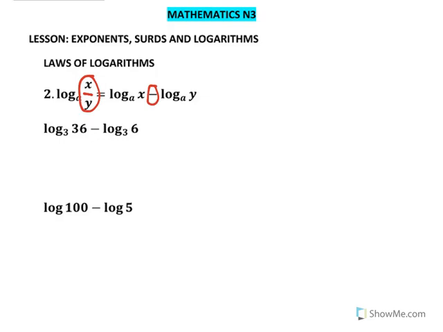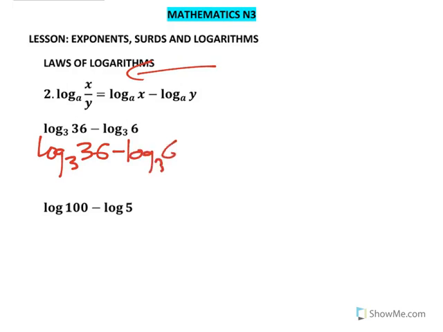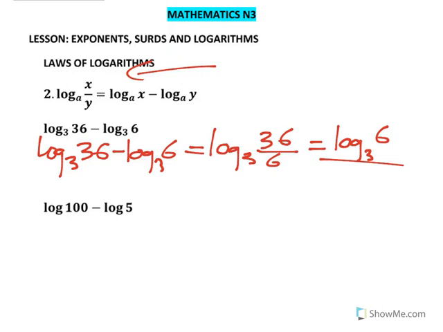So now, reading the law again in the backward direction, here it says log base 3 of 36 minus log base 3 of 6. Because they are subtracting and the bases are the same, this is the same as log base 3 of 36 over 6. This is the same as log base 3 of 6, since 36 divided by 6 is 6.